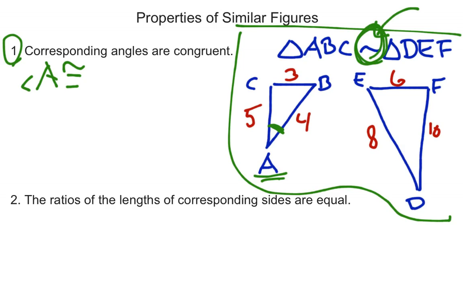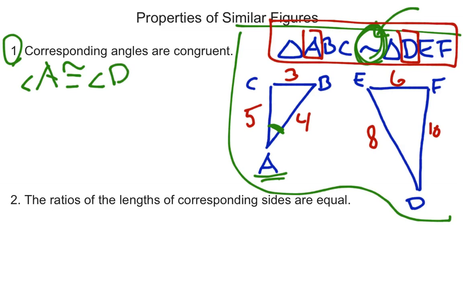But rather than just looking at position in the figures, what I like to do is go up here to where they tell me the two things are similar. If I'm talking about A, A is the first one listed, so I know it matches with the one that's listed first on the other triangle, which was D. So angle A is going to be congruent to angle D. If I knew angle A was 60 degrees, I would also know that D is 60 degrees. They're going to be the exact same angle.